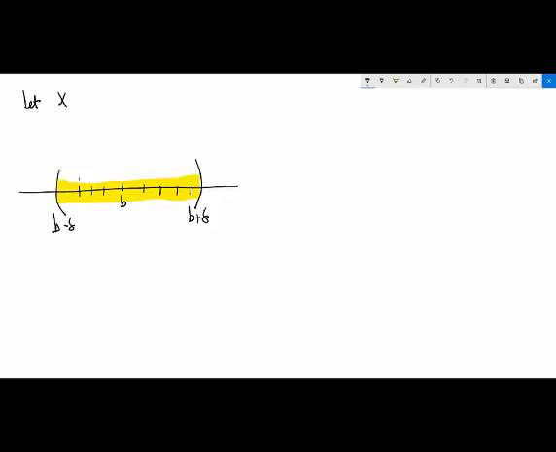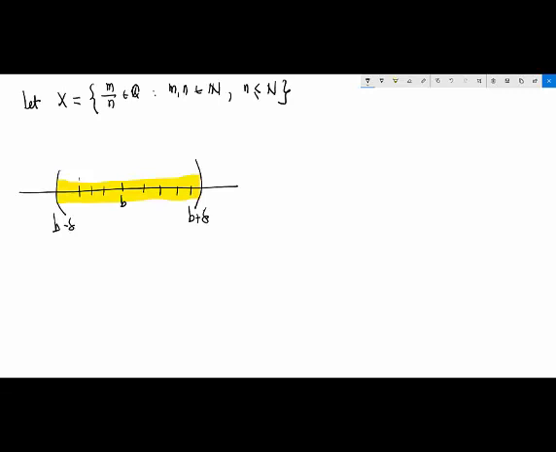So let X be the set of all m over n, which are rational numbers such that m and n are natural numbers, and on top of that n is less or equal to big N.